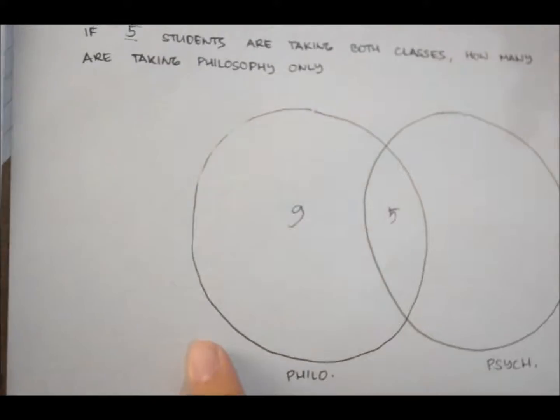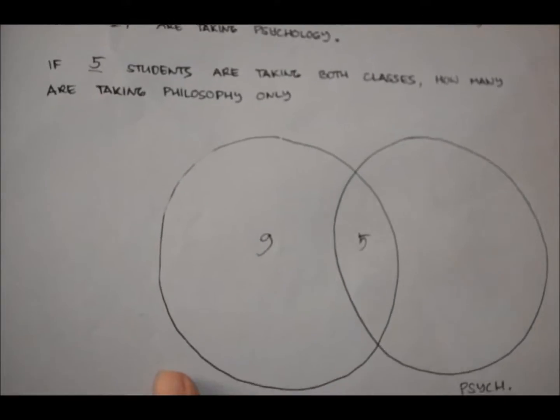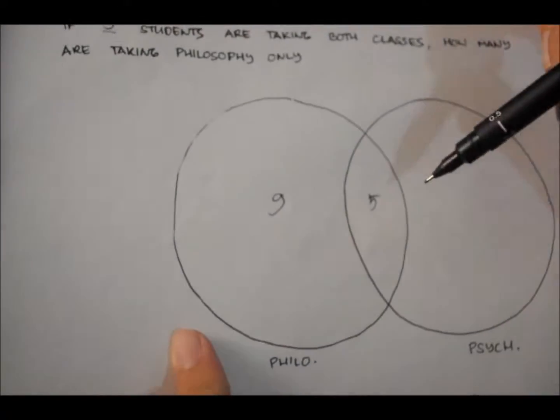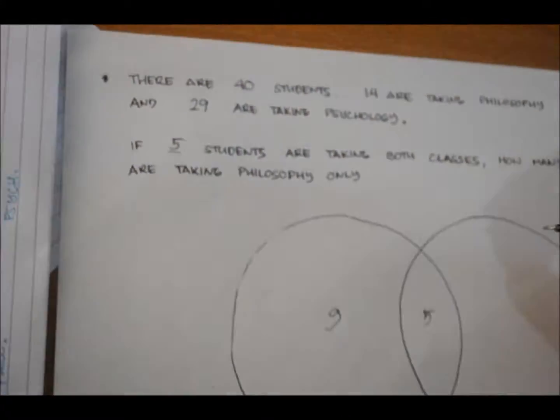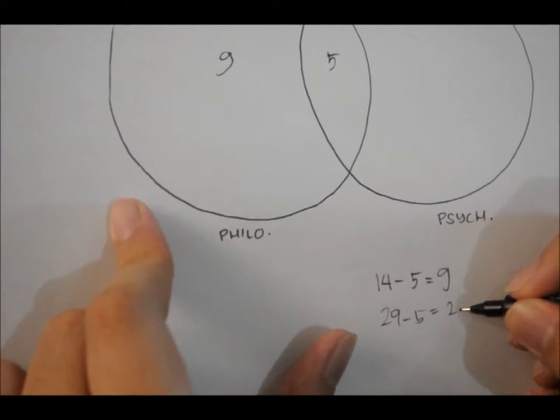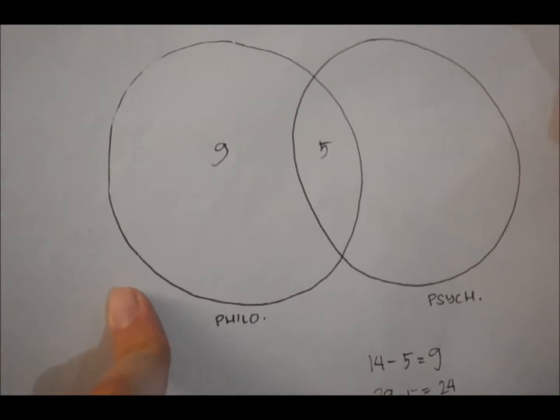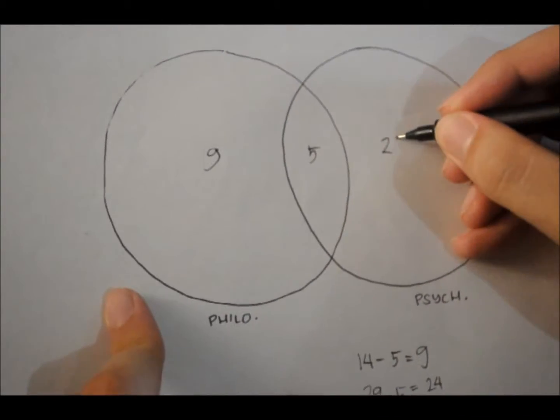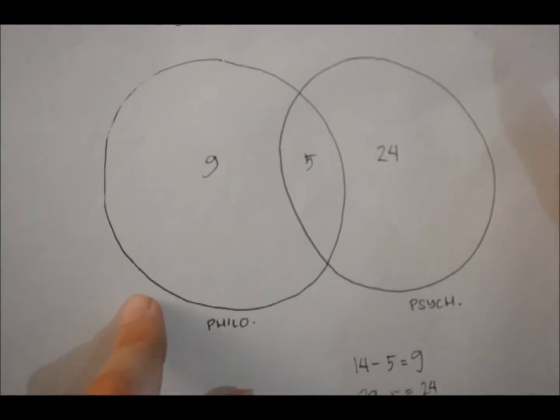So we're going to write down 9 here, and 5. Subtract 5 from 29, that will be 29 minus 5 is 24. So 24 students are taking only psychology.